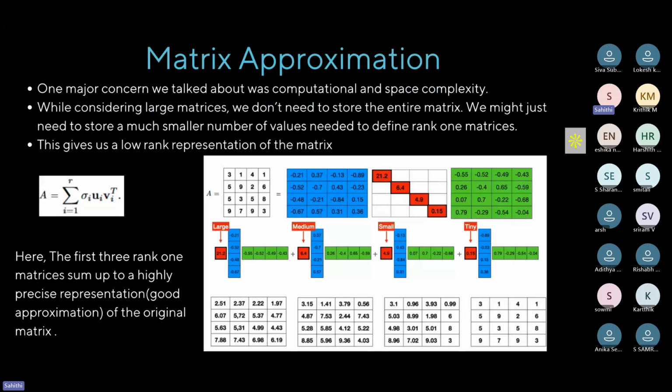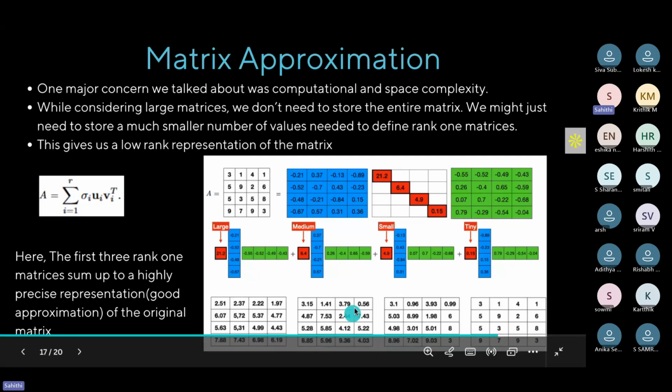One major concern we talked about was computational and space complexity when it comes to dimensions. While considering large matrices, we don't actually have to store the entire matrix. We might just need to store a much smaller number of values needed to define the rank 1 matrices. So this would give us a low rank representation of the matrix. For example, let's take this case. Over here, A is a 4 by 4 matrix. This is the sum of 1 rank 1 matrix.